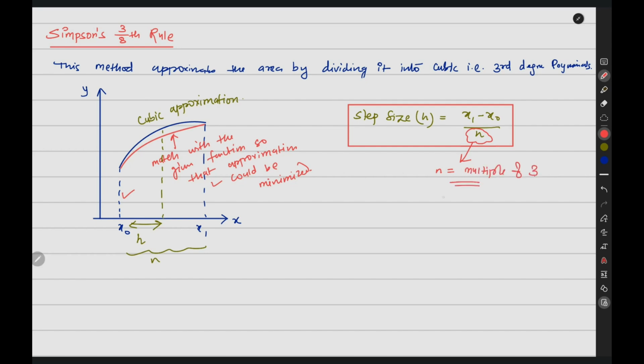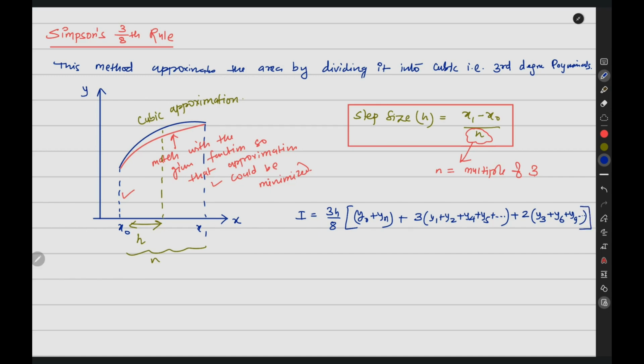So this is the necessary condition. Now writing the formula, we have I, that is integration, equals 3h by 8 bracket first term plus last term plus 3 into y1 plus y2 plus y4 plus y5 and so on, plus 2 into multiples of third terms, y3, y6, y9 etc.